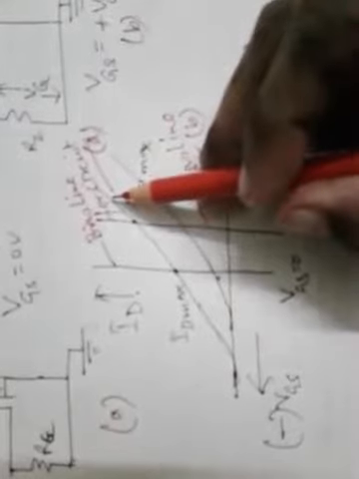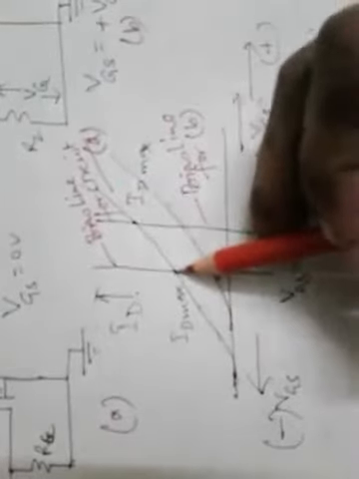The bias line for circuit A gives us two points, ID max and ID max, for VGS equal to VG and VGS equal to 0. The intersection of the two bias lines with the transfer characteristics for the second circuit gives us the two values of ID min. That means one point here, ID min, and another point here, ID min.